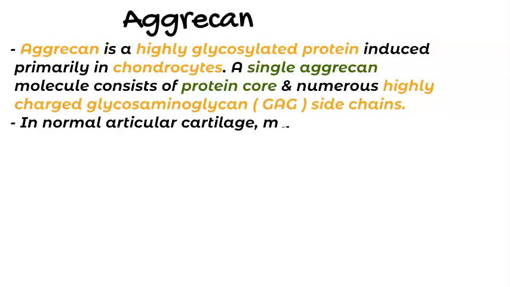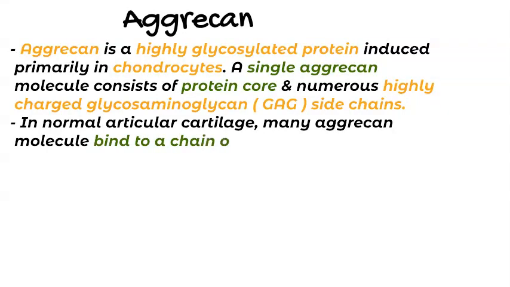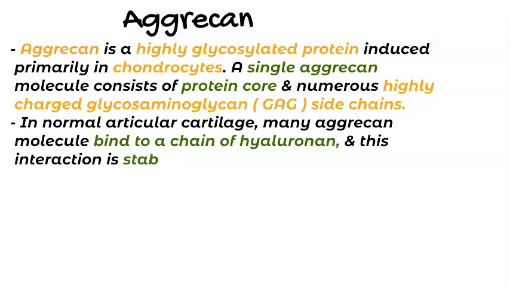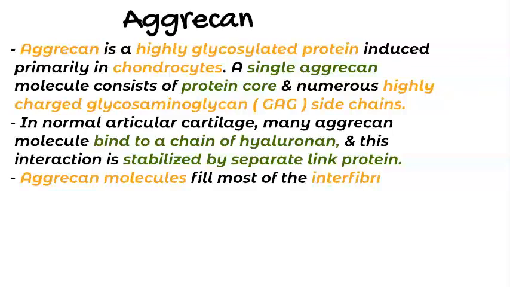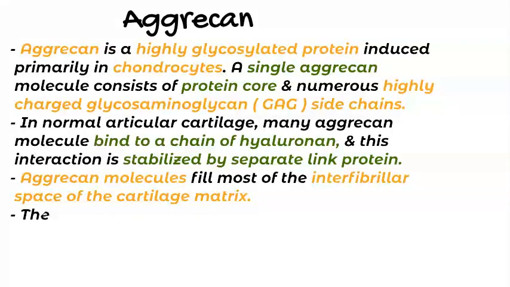In normal articular cartilage, many aggrecan molecules bind to a chain of hyaluronan, and this interaction is stabilized by a separate link protein. Aggrecan molecules fill most of the interfibrillar space of the cartilage matrix.